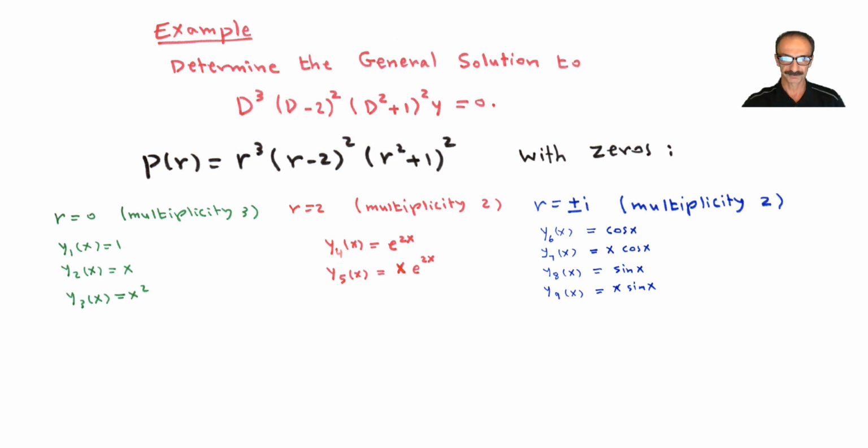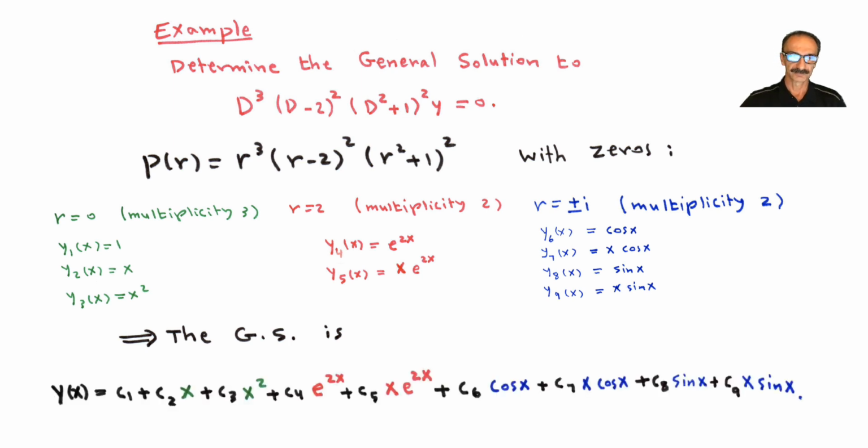Almost done, guys. The general solution will be a linear combination of all these. I'm not going to read the whole thing. Trying to use different colors to highlight things for you. That's coming from this. And these two in red.